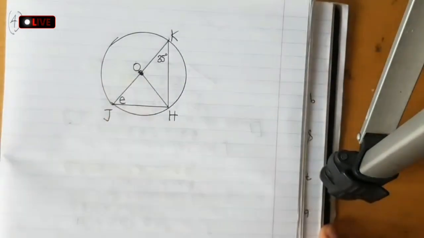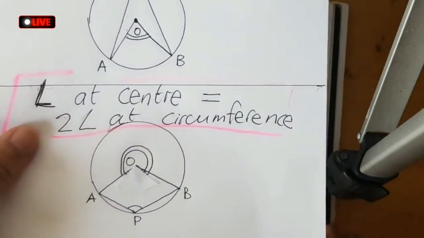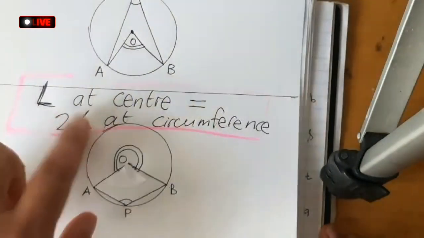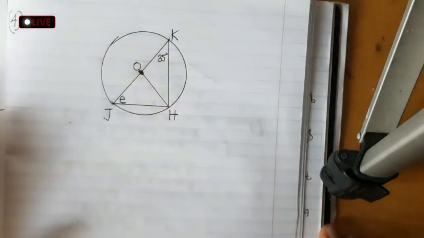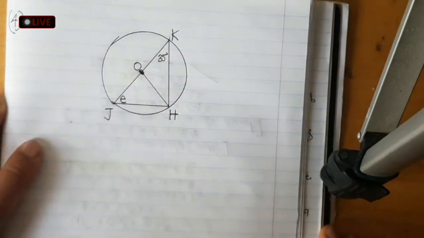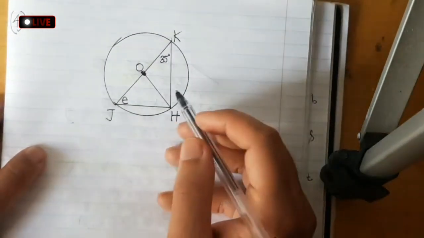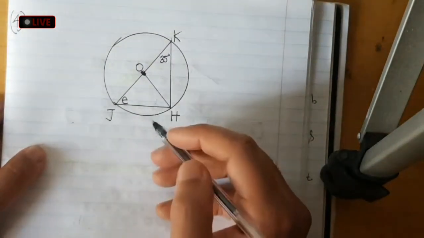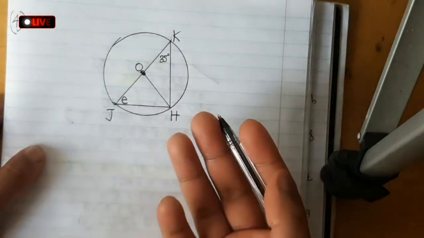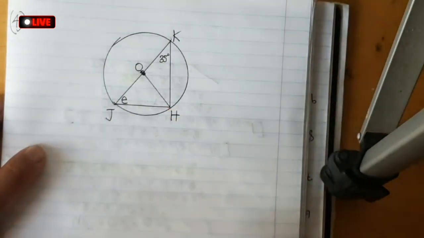If you want me to use that theorem in this solution, you can let me know. The second solution will be a little bit longer. The one I'm doing now is going to be a little bit shorter.